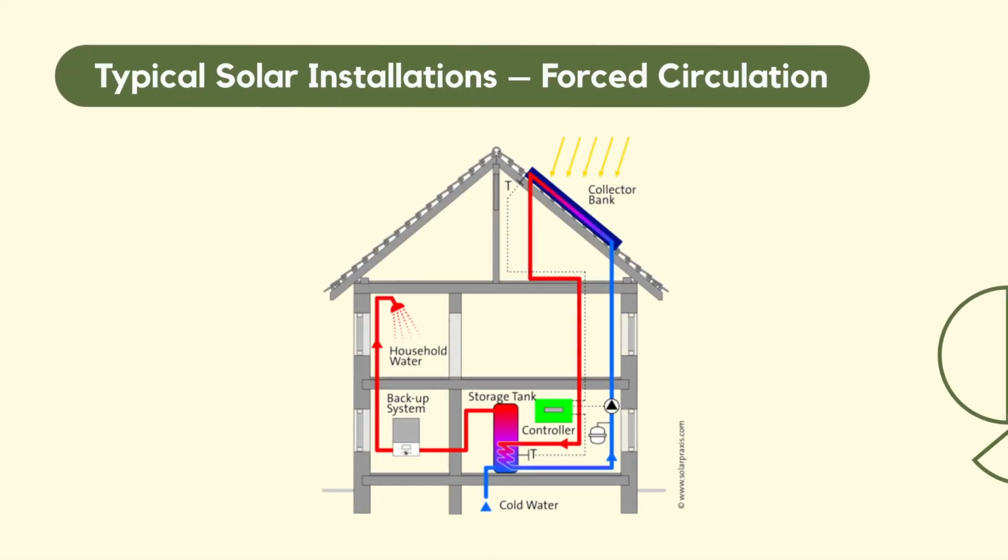And a forced circulation system, and in this case you can see that the storage tank is placed inside the house, and there is a controller that defines the speed of the pump, and by defining the speed of the pump we can achieve a certain flow, and by this energy is transferred outside from the collector to the storage tank, and from there to the consumer point.